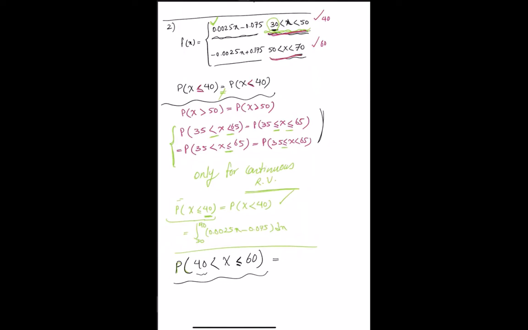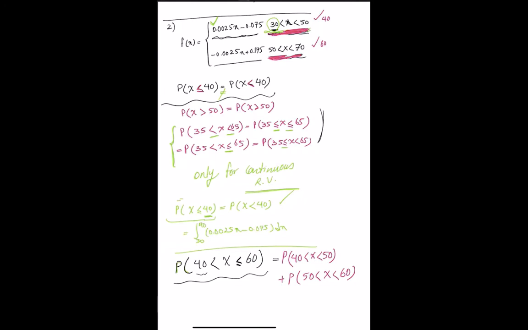So in other words, if I want to write it based on these two ranges I have for the x, this is the probability of x between 40 to 50 to cover this part, plus the probability of x between 50 to 60 to cover this part that falls in the second range.